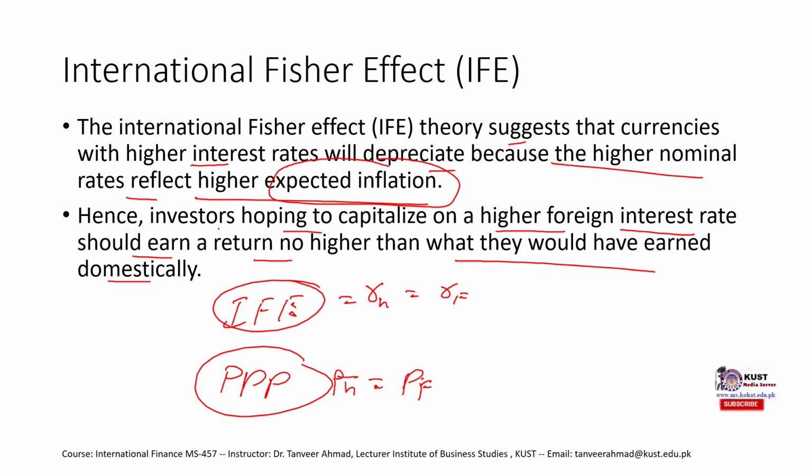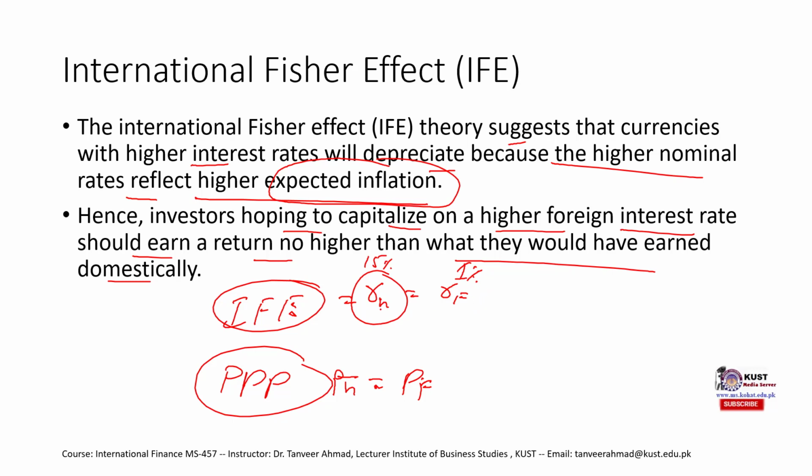So let's restate this: an investor hoping to earn a return on a higher foreign interest rate. Let's say the home country is Pakistan and the foreign country is the US. An investor who wants to capitalize on this higher interest rate would not earn a higher rate than by investing in their home country.